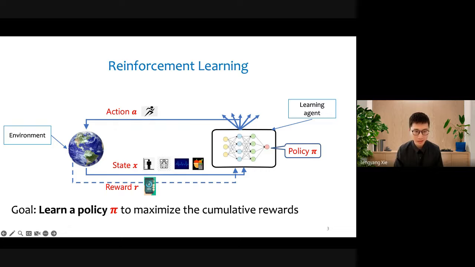At each state x, our learning agent runs some action a using a policy pi, and then it receives some reward r, and the environment transitions to the next state. The learning goal of reinforcement learning is to find the best policy to maximize the cumulative reward.